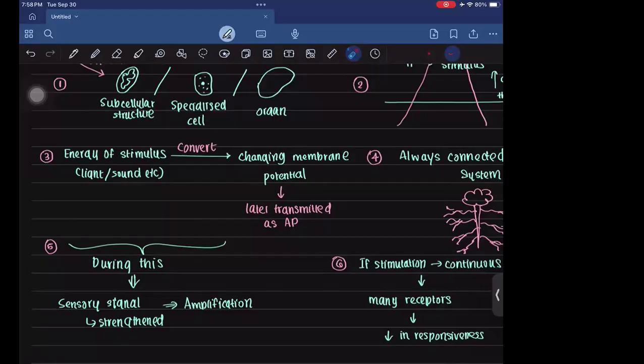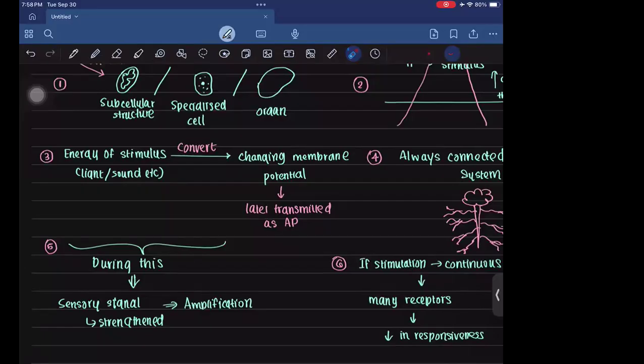Okay, so what is the fifth characteristic? I'll say again. The energy of the stimulus is going to be converted into changing membrane potential by the sensory receptor. During this conversion, the sensory receptors have the ability to strengthen the process. So the energy is going to be further strengthened, so the sensory signals are going to be strengthened. It's like when you have to say something to someone, you're amplifying it, you're exaggerating it.